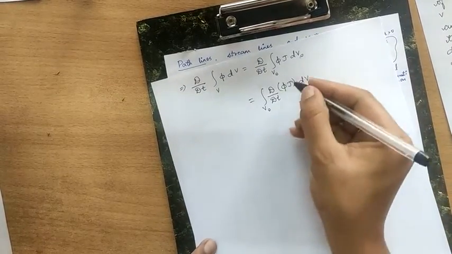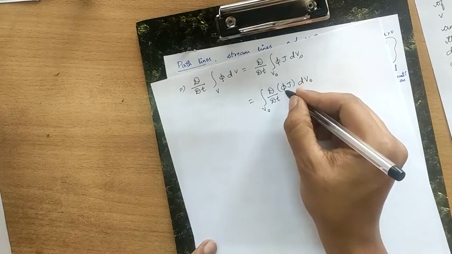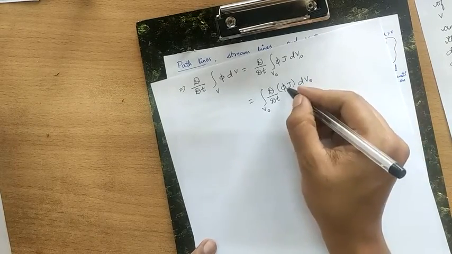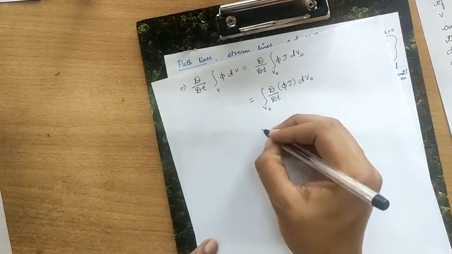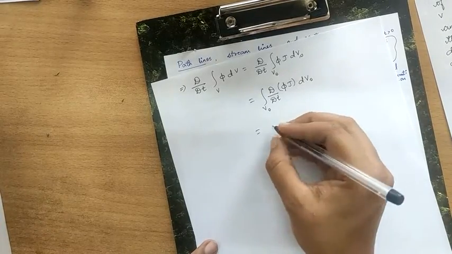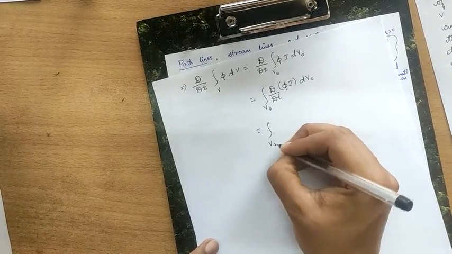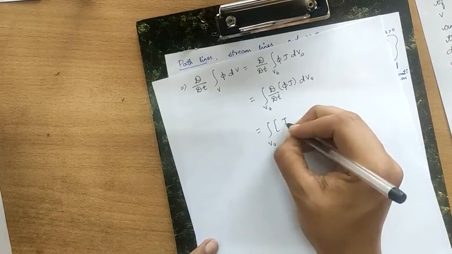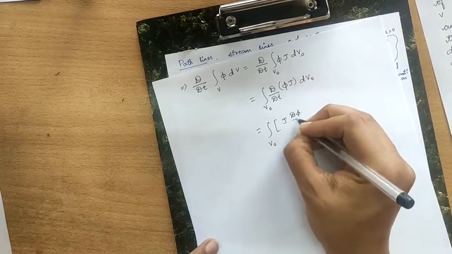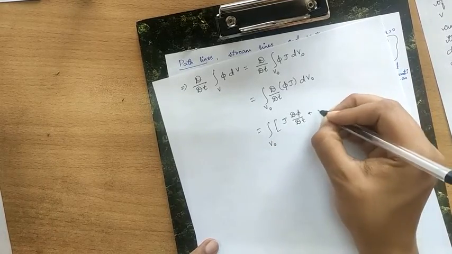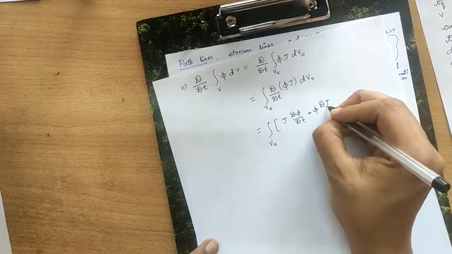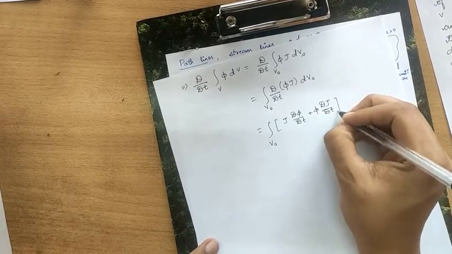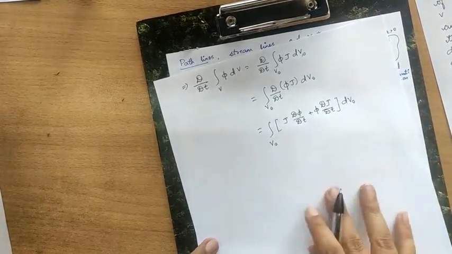Now differentiate this with respect to t. This is in product form, so you can differentiate this as integral over V0 of J into d phi by dt plus phi into dJ by dt, dV0.